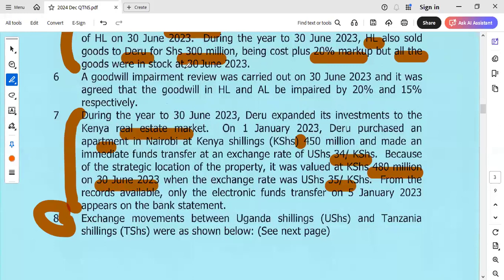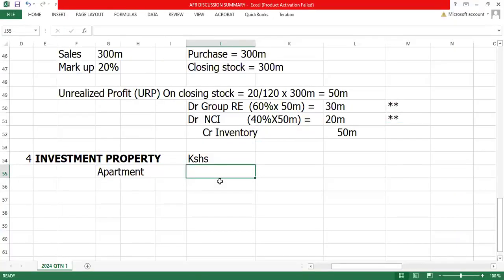As at 1st January 2023, you have 450. Then the exchange rate was 34. Shillings in million. That is the exchange rate. So if you want the amount in Ugandan shillings, you multiply.